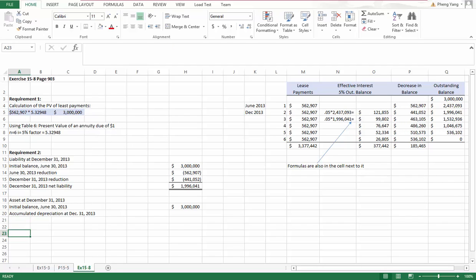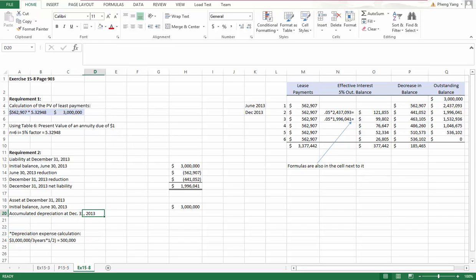That depreciation expense is calculated as such. It's the straight line depreciation method, so we're going to take the $3 million divided by 3 years times 1/2 because only half a year has passed. So my depreciation should be $500,000.